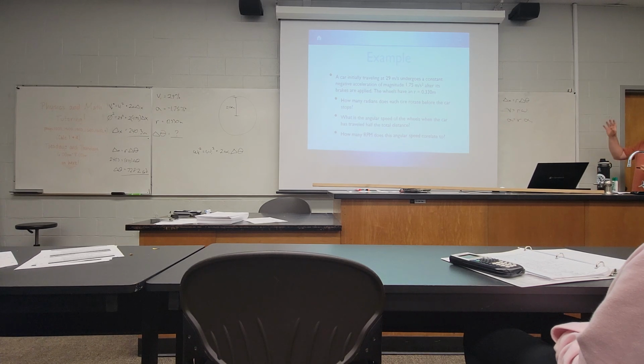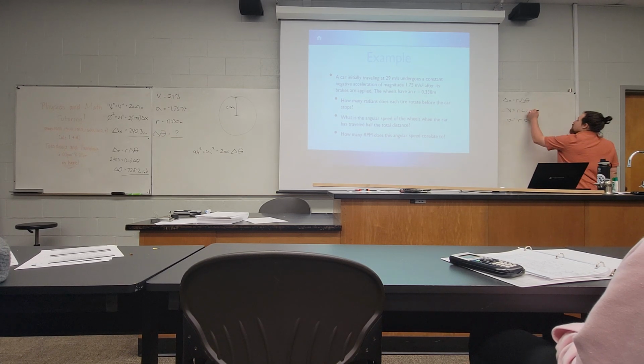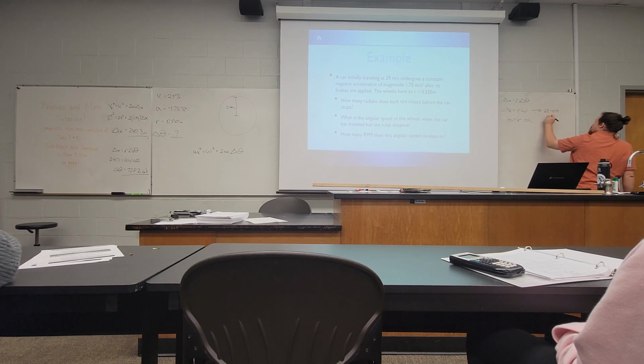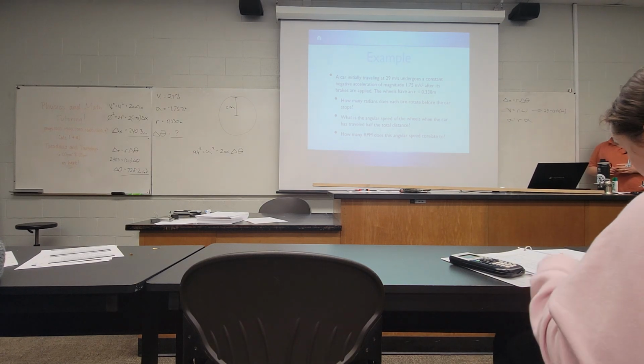Basically, if you have the angular version, you multiply it by radius to get the linear version. Alternatively, if you have the linear version, you'd divide it by radius to get the angular version. So, if our linear initial speed is 29, 29 equals 0.33 times the angular counterpart to that initial velocity.